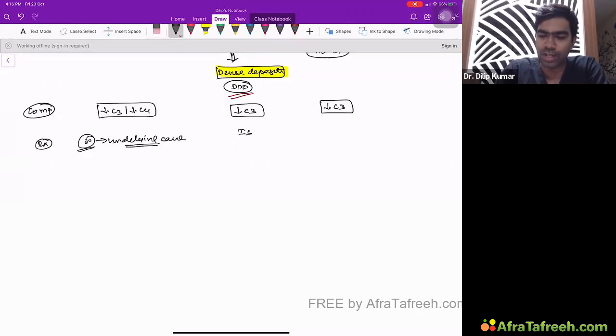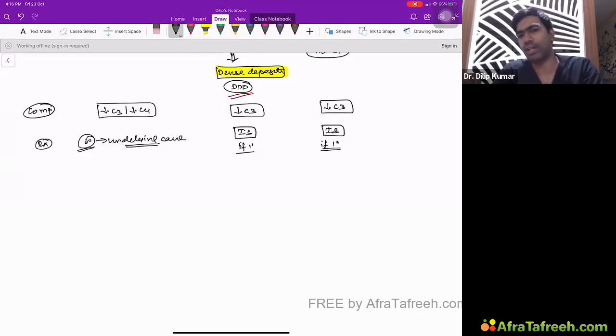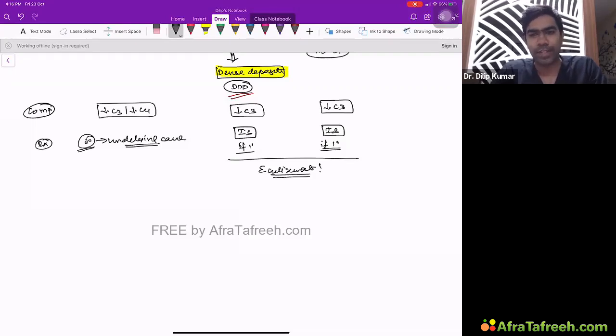If it's primary, because most of them will be primary and we don't know the underlying cause, we have to start with some immunosuppression protocol. Sometimes eculizumab might be helpful because it's an anti-C5 monoclonal antibody. But nevertheless, you need to know the underlying cause. Once you have ruled out the underlying cause, then it becomes quite simple.